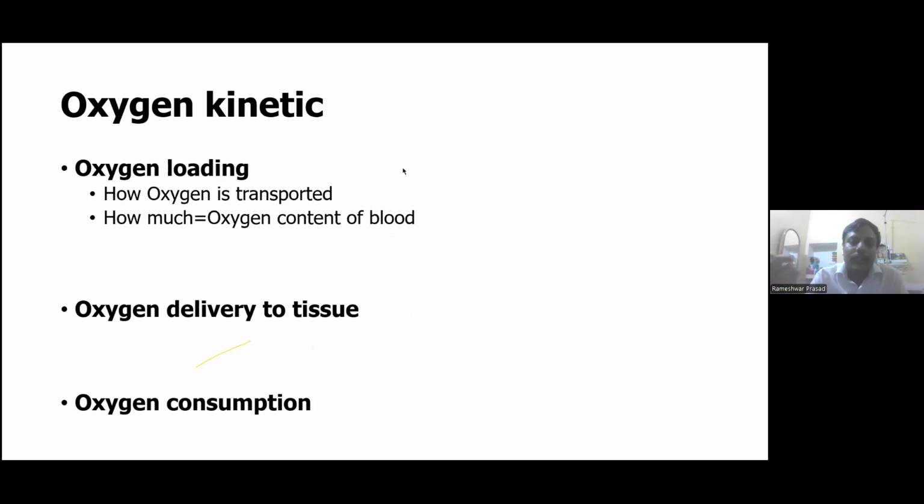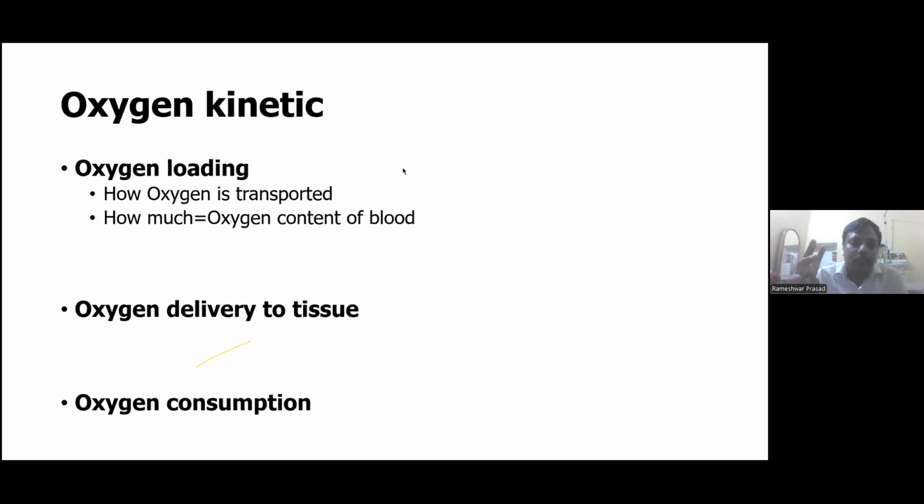Now the truck has to travel from the lungs to the tissue. So who will drive the truck? How will this truck reach the tissue level? So it is the heart which will pump the blood towards the tissue. And third thing, the truck has reached the tissue with oxygen. Now it has to unload the oxygen to the tissue. So there are 3 steps.